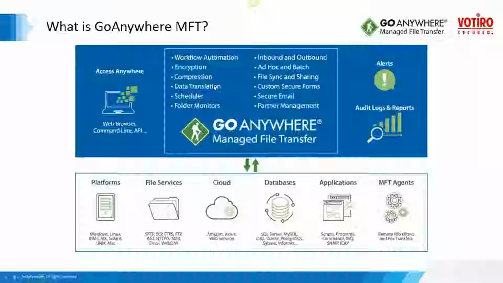You can compress with things like gzip and tar. You can use workflow automation to do data translation. Many of our customers use GoAnywhere almost like an ETL tool, where they are transforming a database file into XLS or XML and pumping it into their database, or vice versa, extracting it from their database. Those are the types of things you can do inside of workflow automation.